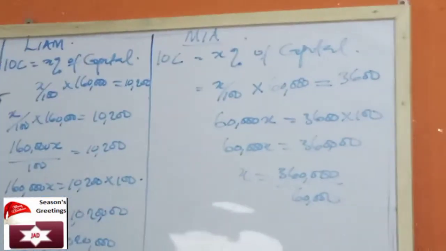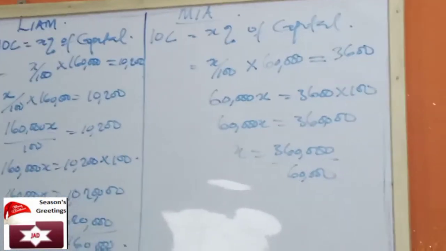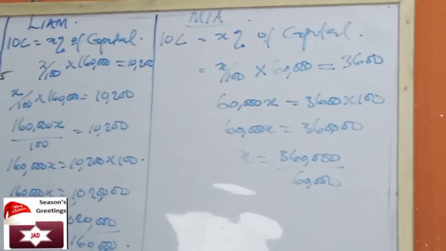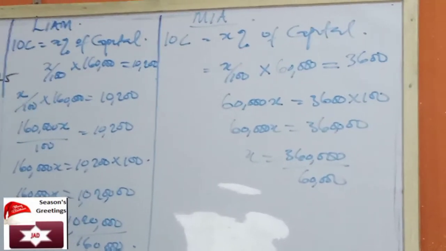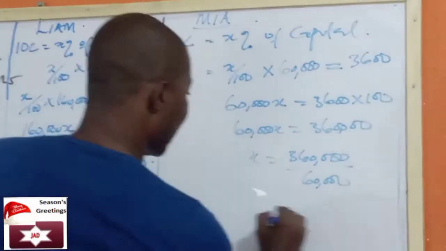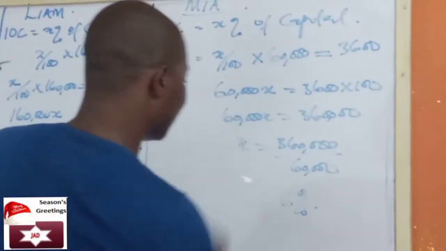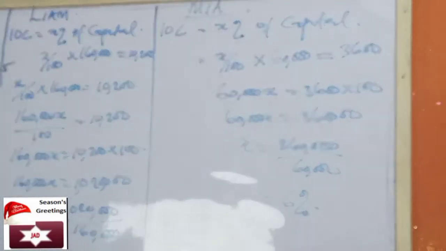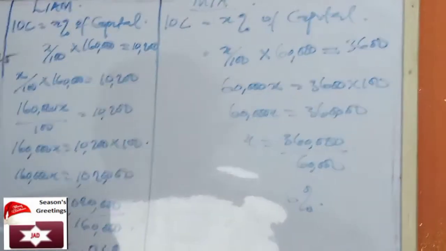So what do we have there? 360,000 divided by 60,000. So I can see there 6%.